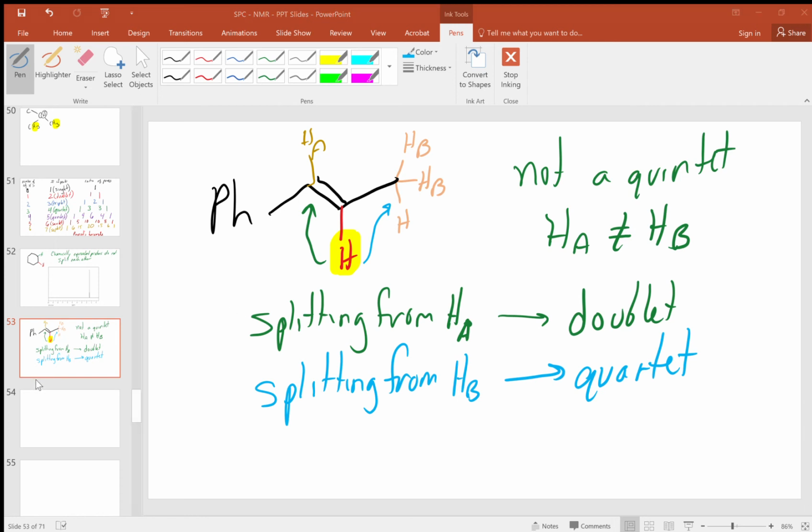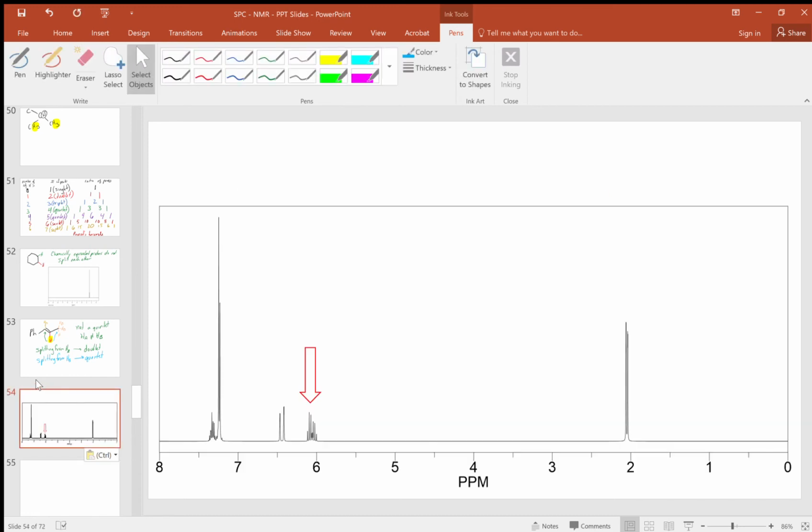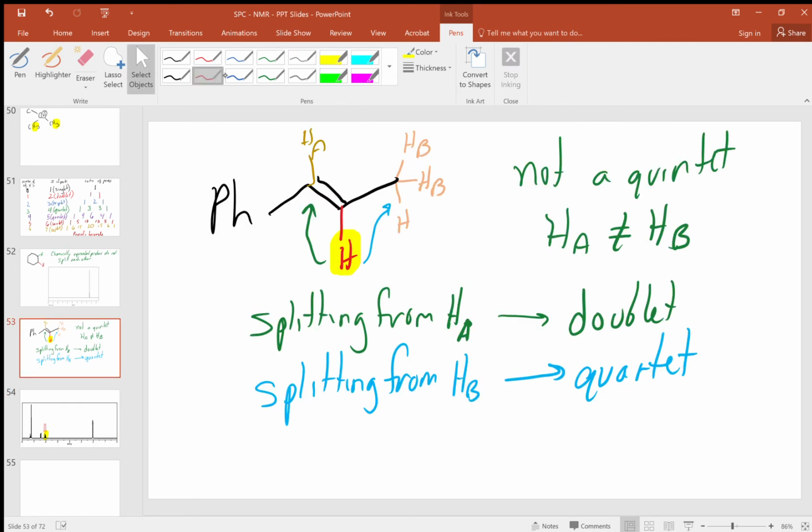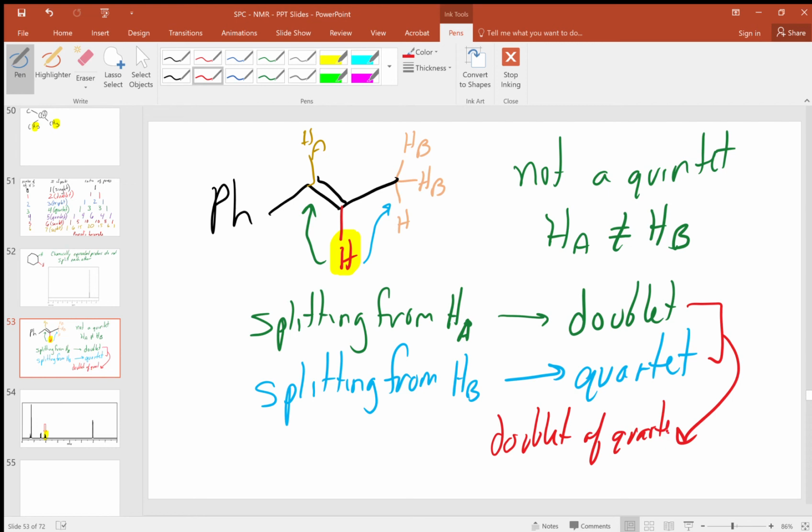Well, let's look at the actual spectrum. And you can see the actual peak here for that proton. So what did we get? We got both. What's actually happening here is that we have a doublet that got split into two quartets. Or in other words, you get a combination of these two splitting patterns, which could be a doublet of quartets or a quartet of doublets.